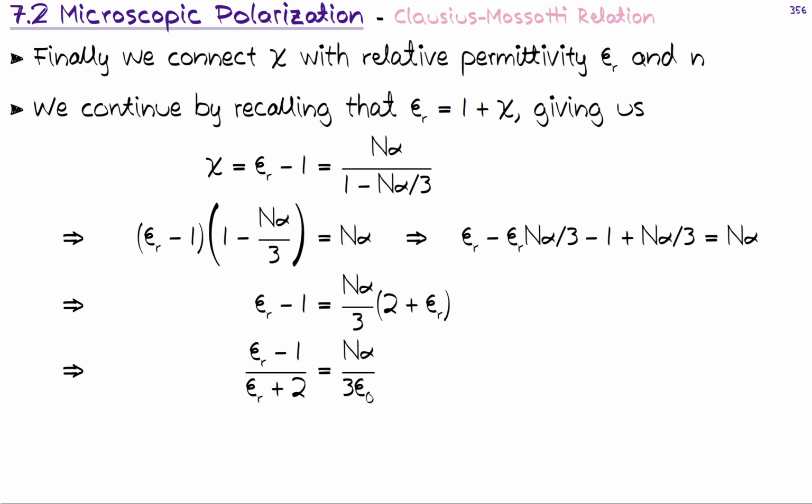I did not use epsilon naught in the derivation, but the equation that we have here is known as the Clausius-Mossotti relation. Depending on which unit system you are working with, we may either have this epsilon naught here or we don't. It depends really on the unit system that people are using.